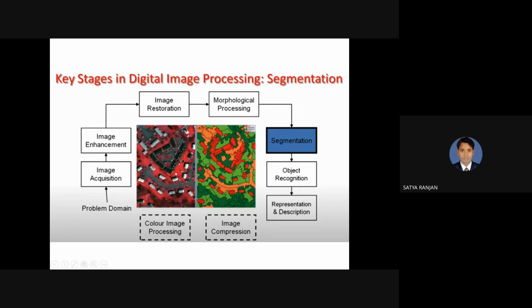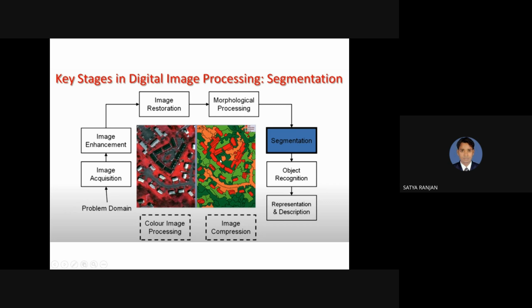So it is segmented based on the previous data, that is what is the settlement area, what is the vegetation area, what is the road network. So these are all different segments that are calculated.